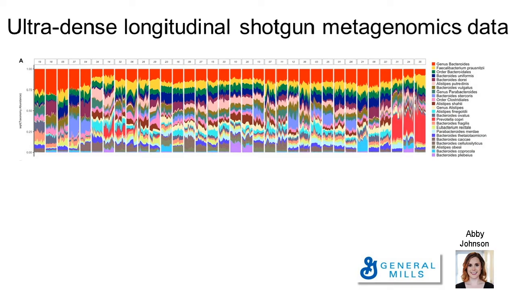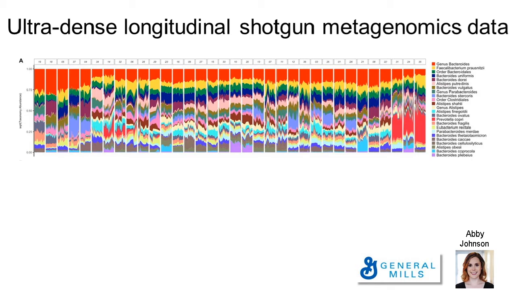This work was led by Abby Johnson, who's a postdoc in my academic lab at the University of Minnesota, and it was sponsored by General Mills. Abby has a great combination of skills, because she's a registered dietitian, she has a Ph.D. in nutrition, and she knows how to code and analyze microbiome data.